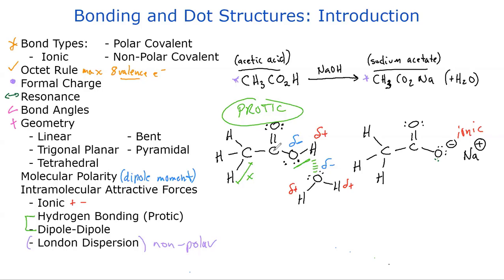So if we didn't have that carboxylic acid functional group and we had two ethane molecules, there would be a very slight attractive force between those, and that would be the London dispersion force. So this gives us a quick overview of all the things that we learned in chemical principles, ostensibly, that we're going to need in organic.